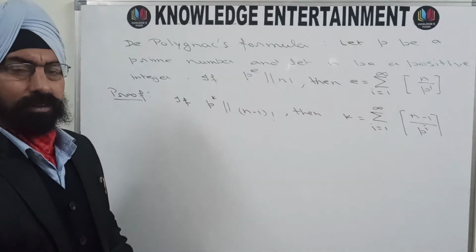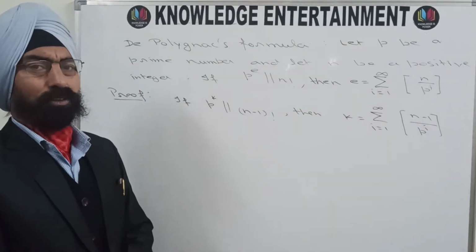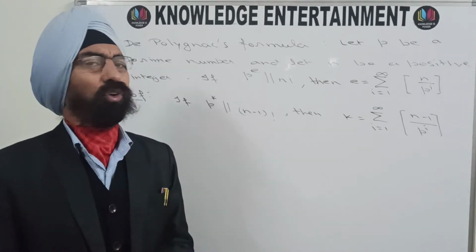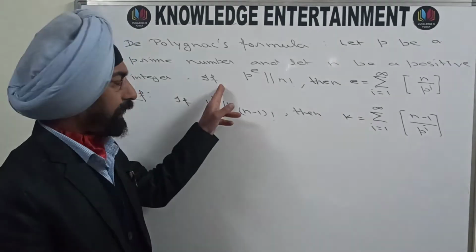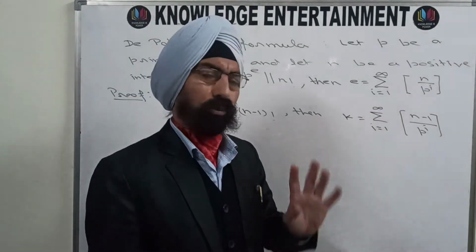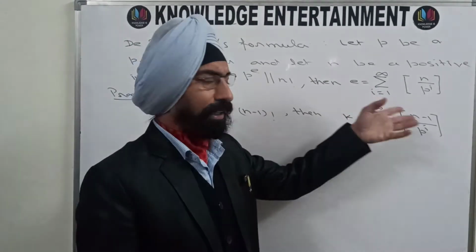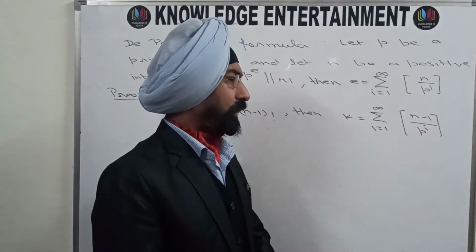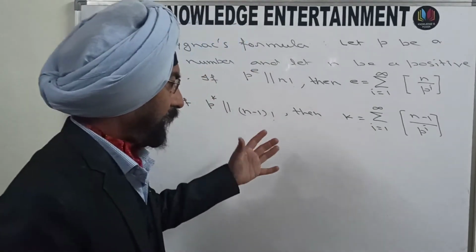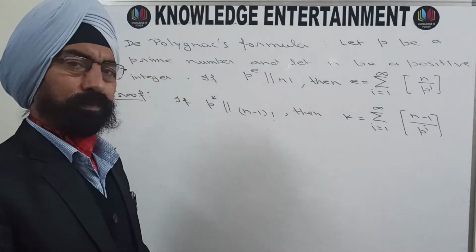This is the second step of the principles of mathematical induction, that the result is true for n minus 1. This we have supposed to be true.